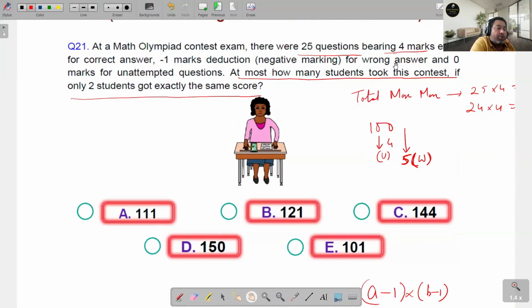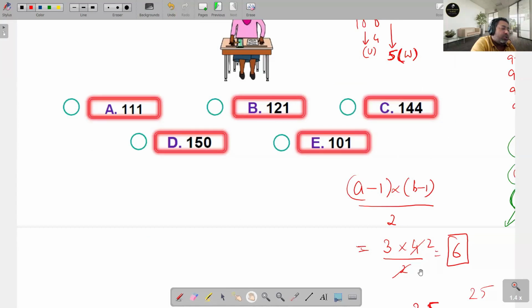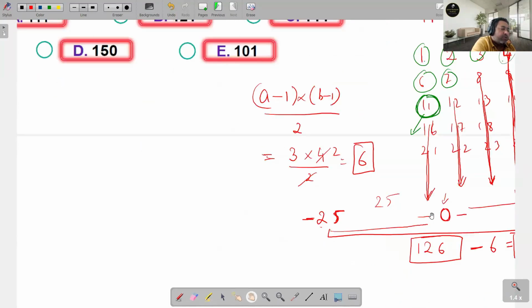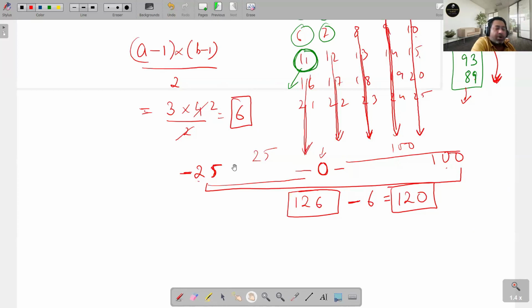Now it says at most how many students in this contest if only 2 students got the same score. So let's say every student got a different score out of these 120 scores. Somebody got minus 25, then one other got minus 24. If you are arranging the scores in ascending order, minus 23 and so on till 100, except these 6 scores, there'll be 120 students, right?